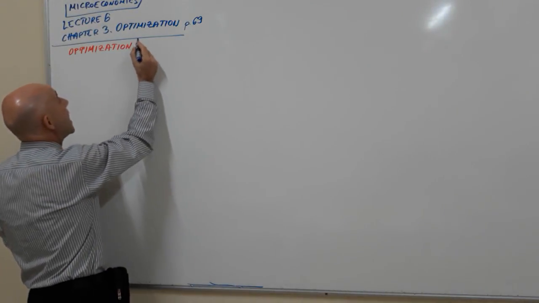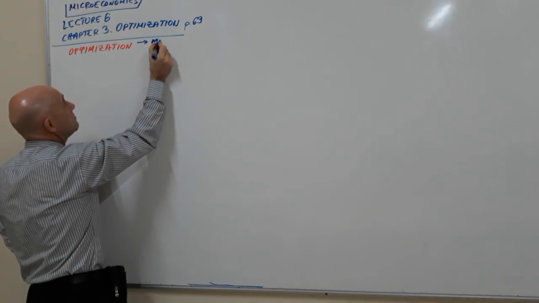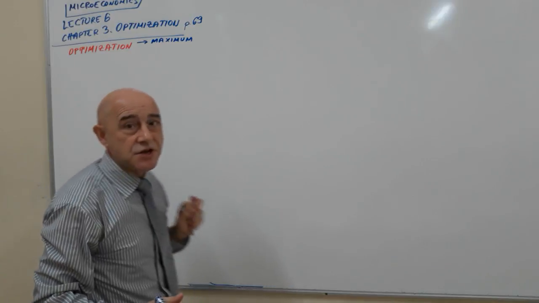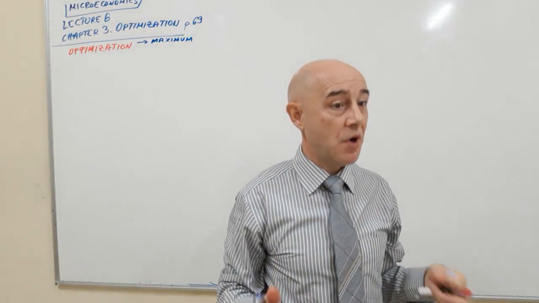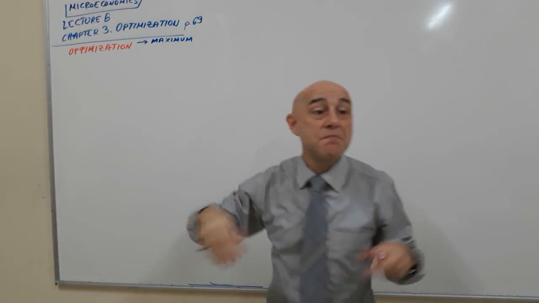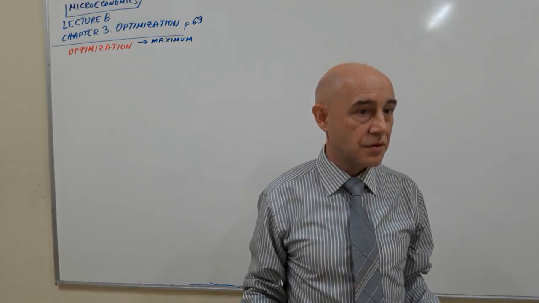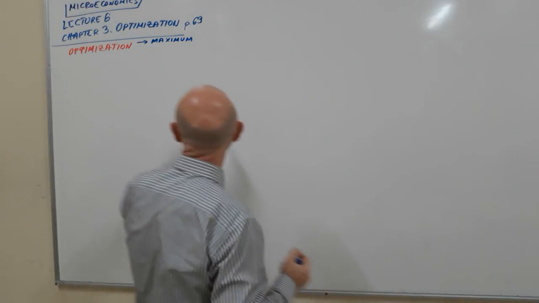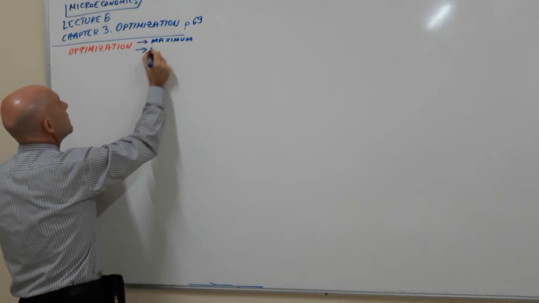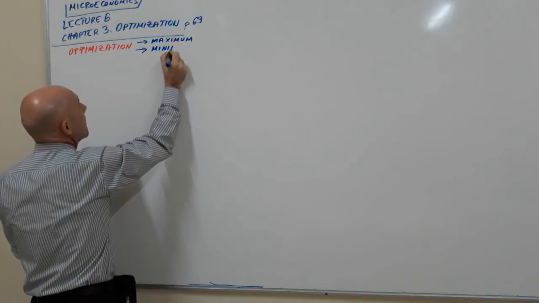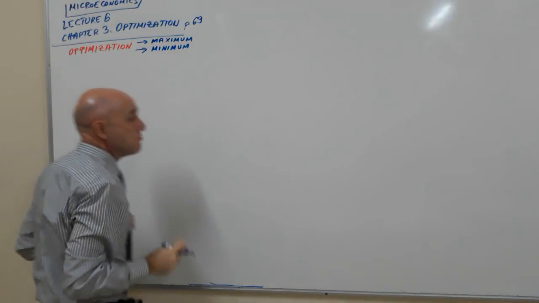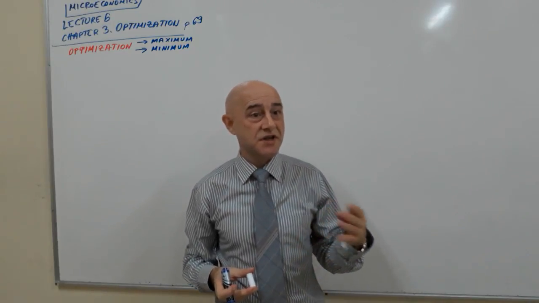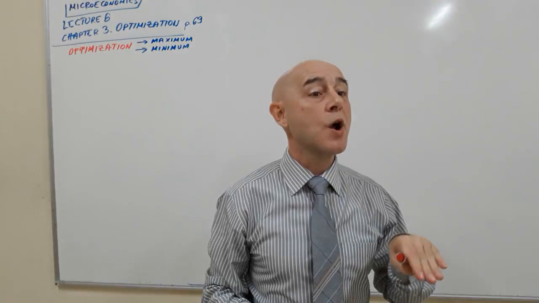The best will either mean maximum. Maximum means the highest possible, so it will mean maximum revenue or maximum profit. And the other meaning will be minimum. Minimum means the lowest possible amount. Example will be minimum cost.